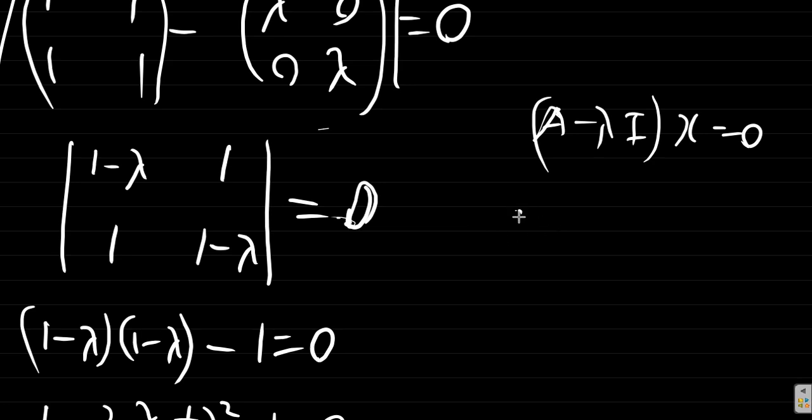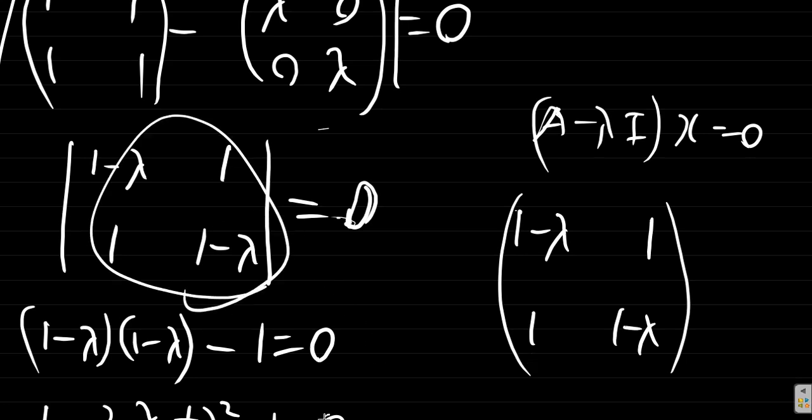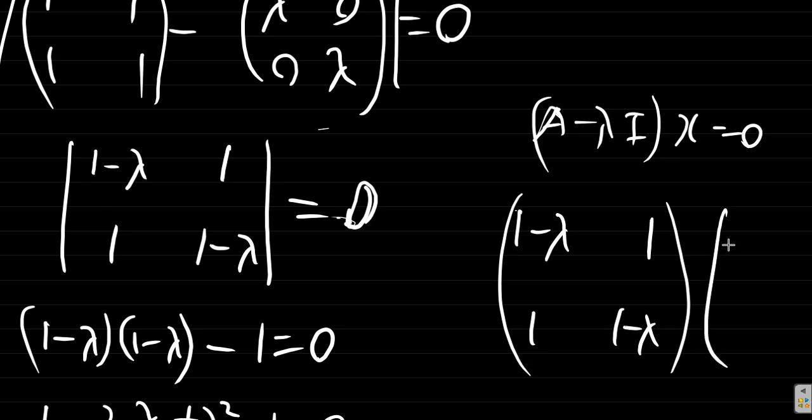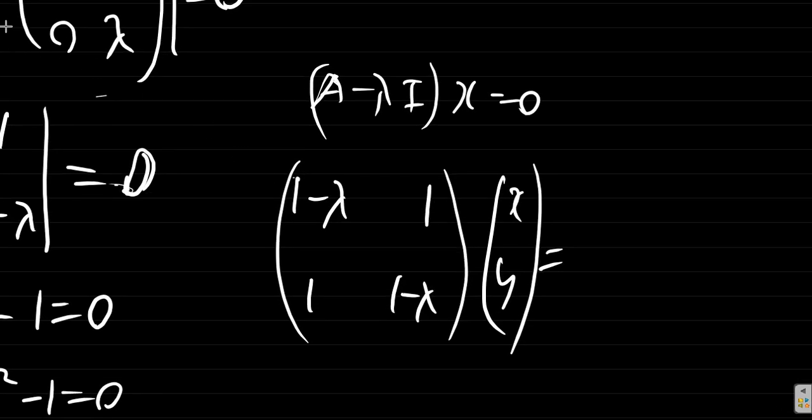So we rewrite this as the matrix 1 minus lambda, 1, 1, 1 minus lambda, times our vector x, y, the eigenvector, is equal to 0.